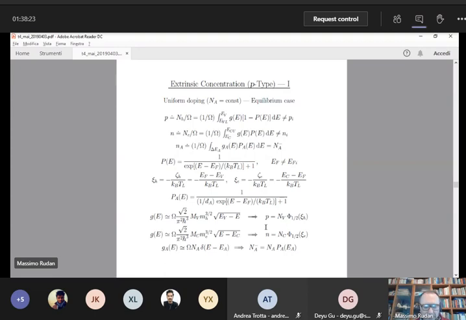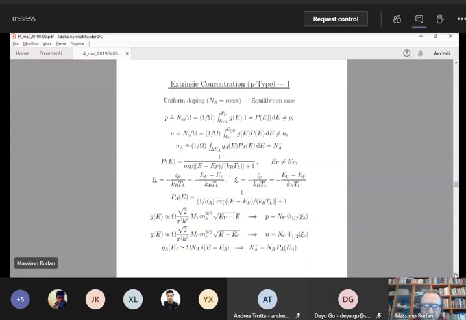Again, we must impose a balance equation. In this case, the balance equation is: if we have one hole in the valence band, this hole may derive either from a transition of one electron into the conduction band, or from the transition of one electron into the acceptor atom.